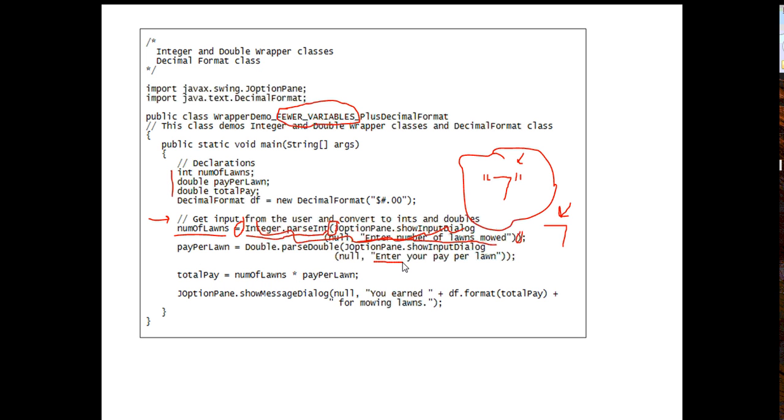The person enters the double as a string, and then the 10.50 goes through the parse double method, which changes it to 10.5 in this case, with no quotation marks, and then it gets assigned to paper lawn, which is a double.